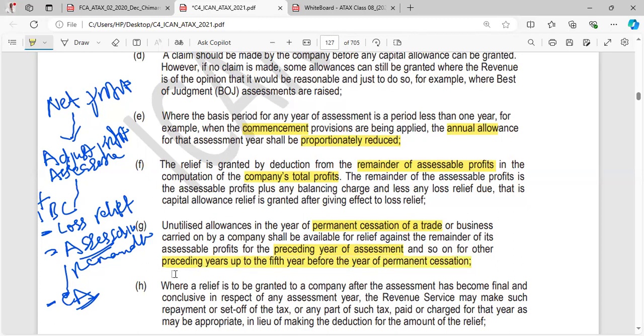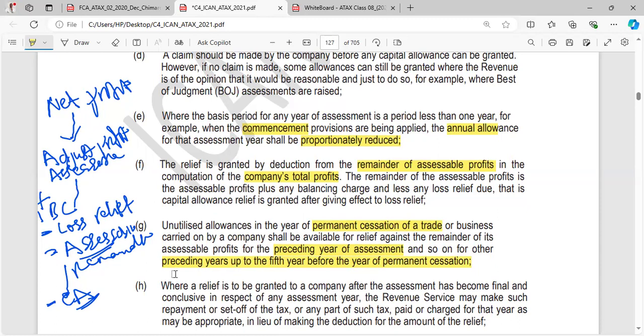So what I'm saying here is this. Let's assume that 2024 is your cessation year and you have been doing business for like 10 years, starting from 2003.